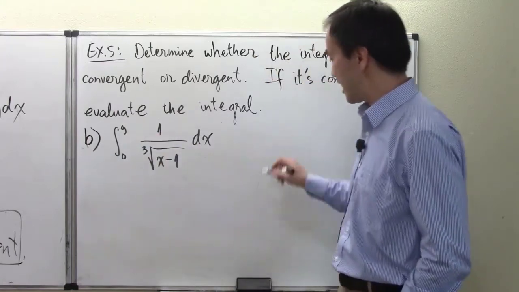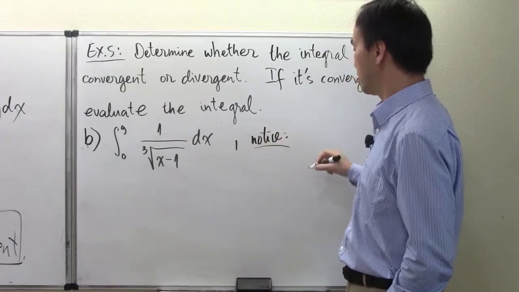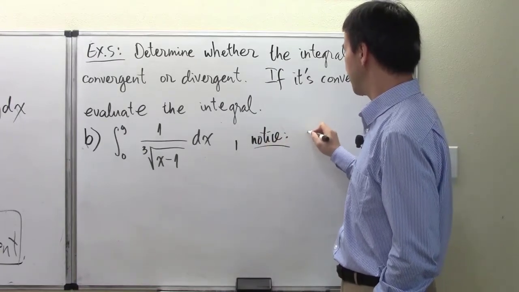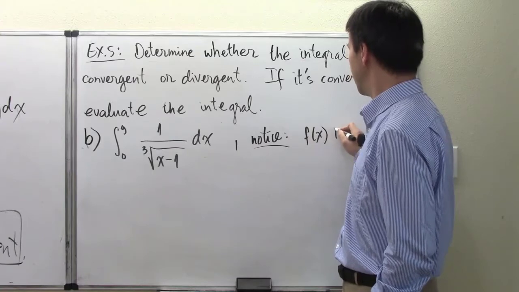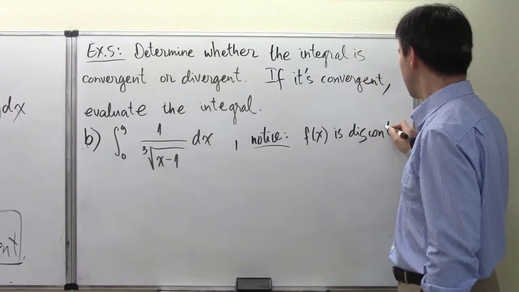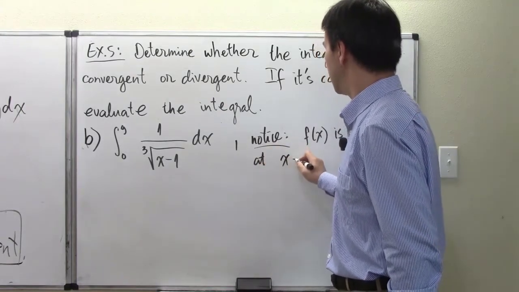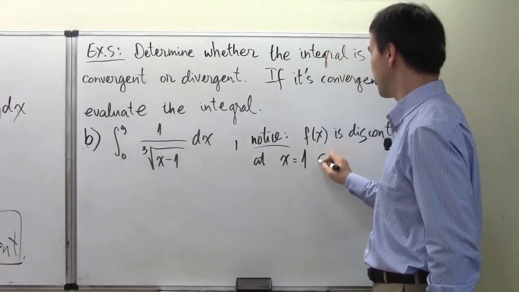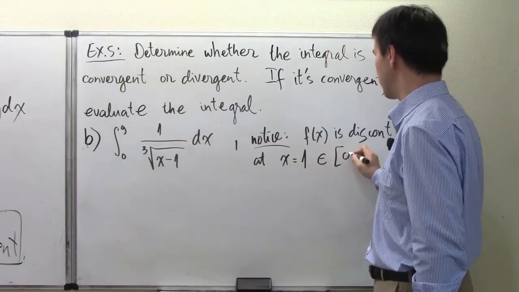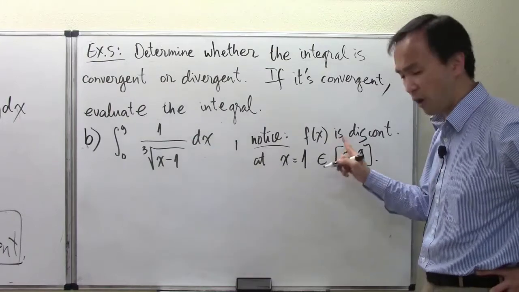Okay, but now sadly, this is what we notice. We notice here that the function f of x is discontinuous. It's still discontinuous, but this time at x equals 1, which is inside of the interval from 0 to 9. So we have a discontinuity in there again, and we only have one.